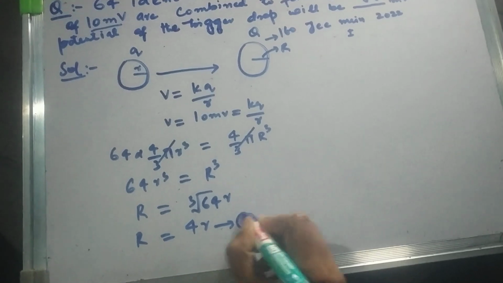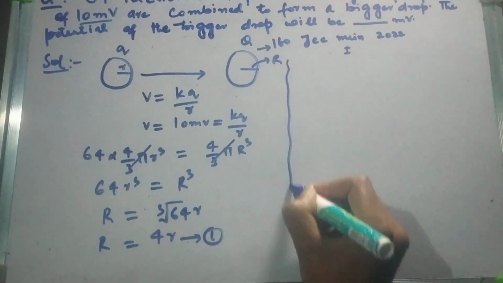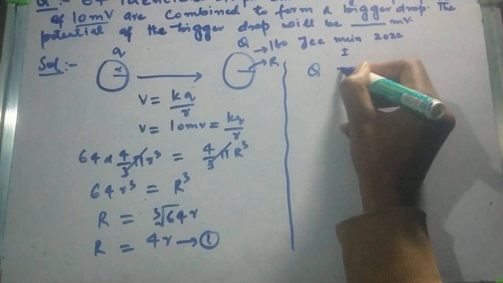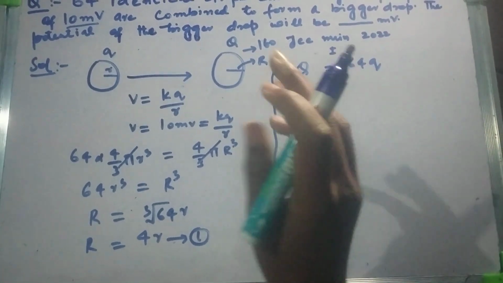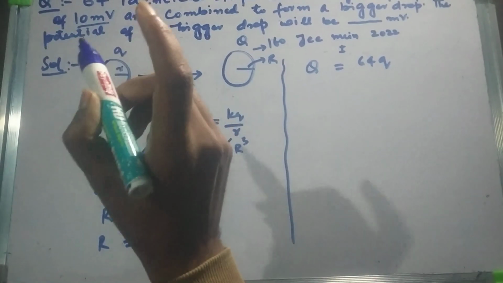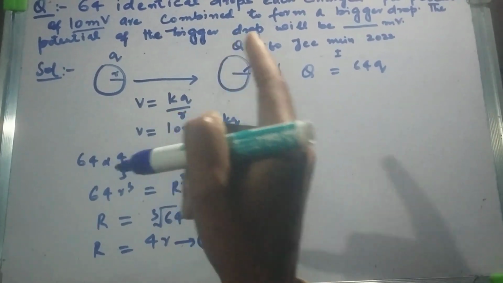R equals the cube root of 64, which is 4r. This is the radius of the bigger drop, capital R, and the value of capital Q equals 64q. Each drop has charge q, so 64 drops have charge 64q.